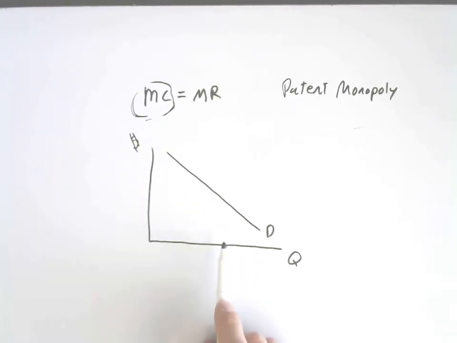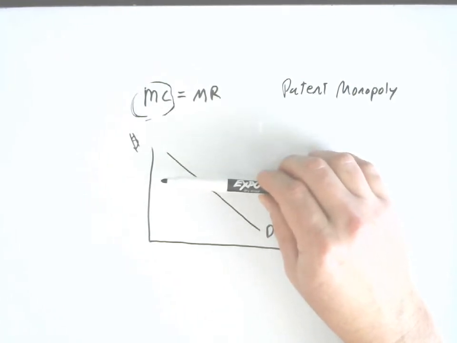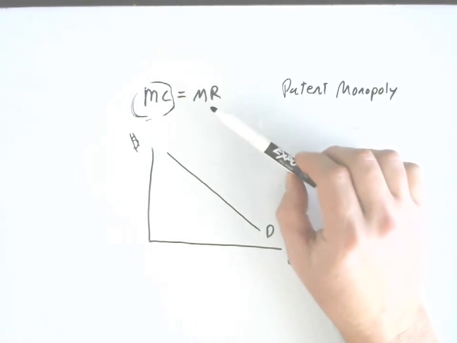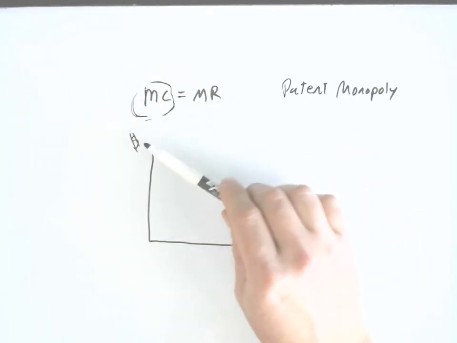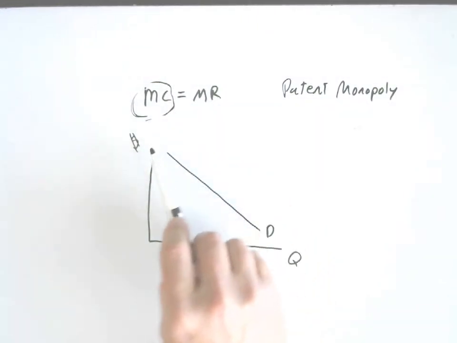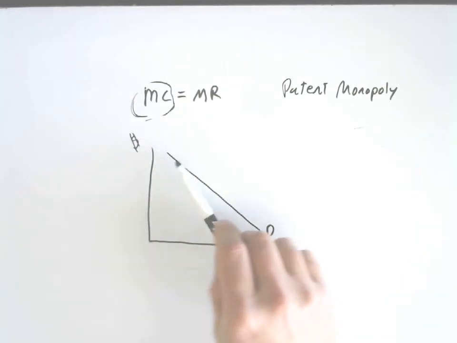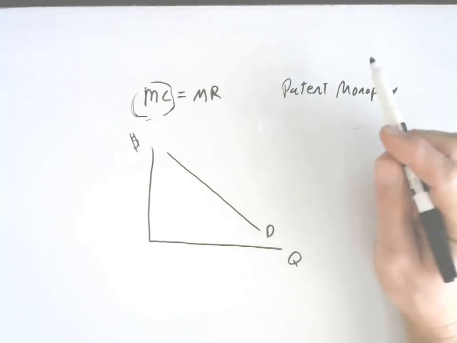If it wants to sell 3 units, it has to lower the price of all 3 units. So by definition, the marginal revenue curve must also be downward sloping, but it has to lie below the demand curve somewhere. So exactly where does the marginal revenue curve lie below the demand curve?